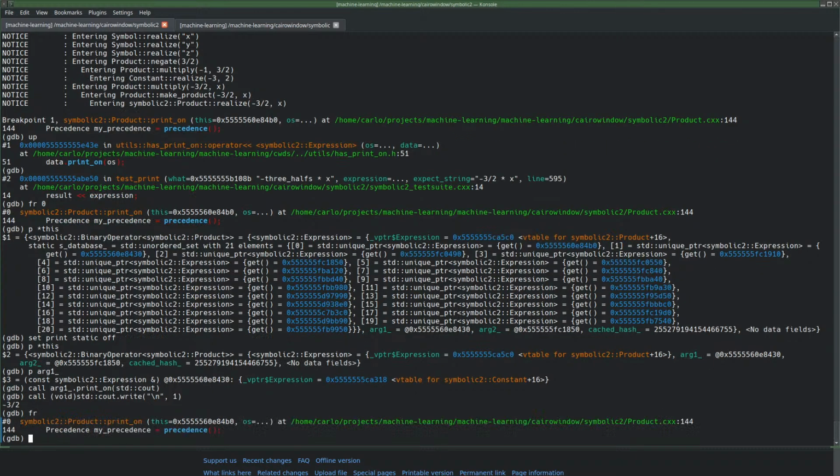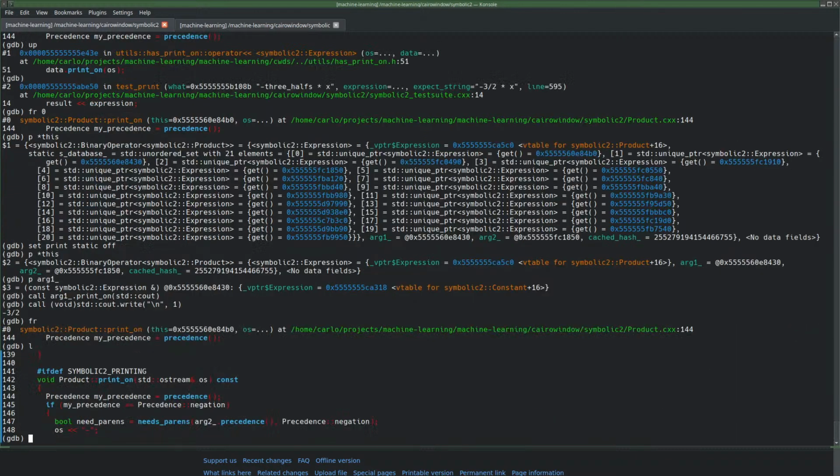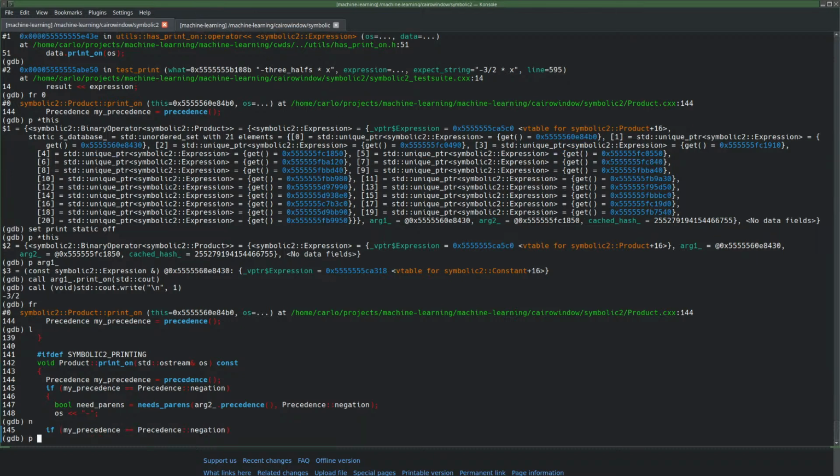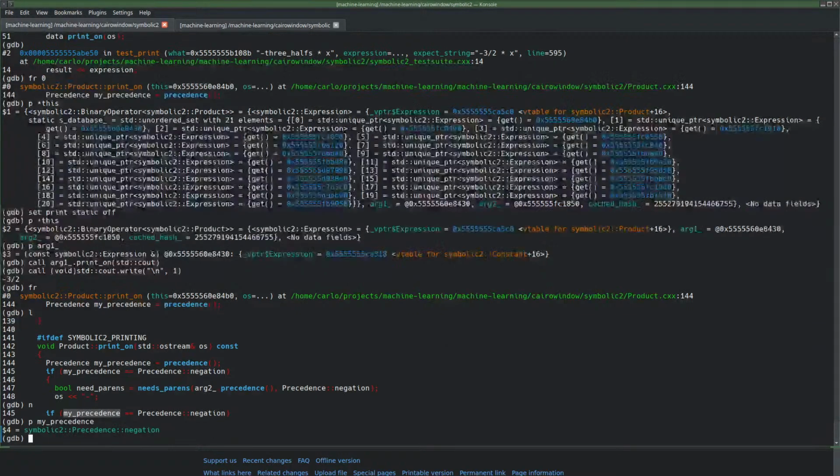And we are here. What would my precedence be? I guess it's negation, right? Yes, negation. Which is because it's a negative constant.